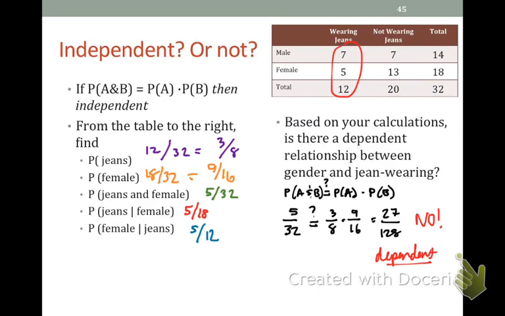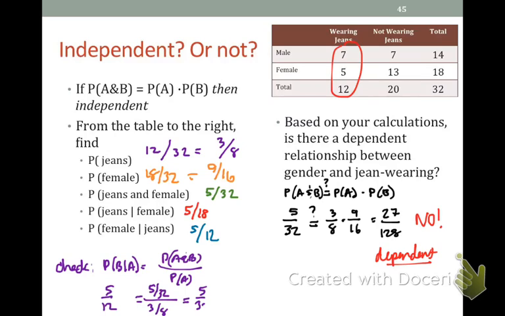Okay? All right. Now, let's check. Remember the formula, the probability of B given A is the probability of A and B divided by the probability of A? Okay, let's check that. The probability of B given A would be, probability of A and B, which we figured out is 5/32, divided by the probability of A, which is 3/8, and that should equal 5/12.